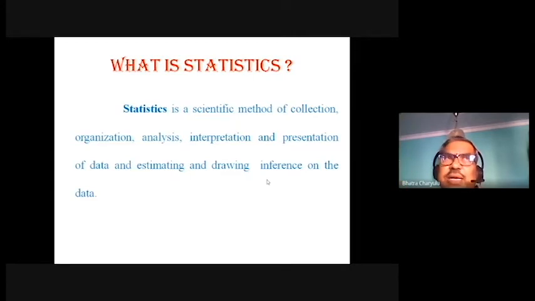For proving or disproving, we gather the related total information and arrange it in a particular fashion. That is, we organize the data, we analyze it and interpret it in a meaningful way, we present the data, we evaluate some values for it, and we draw some inference on that data.